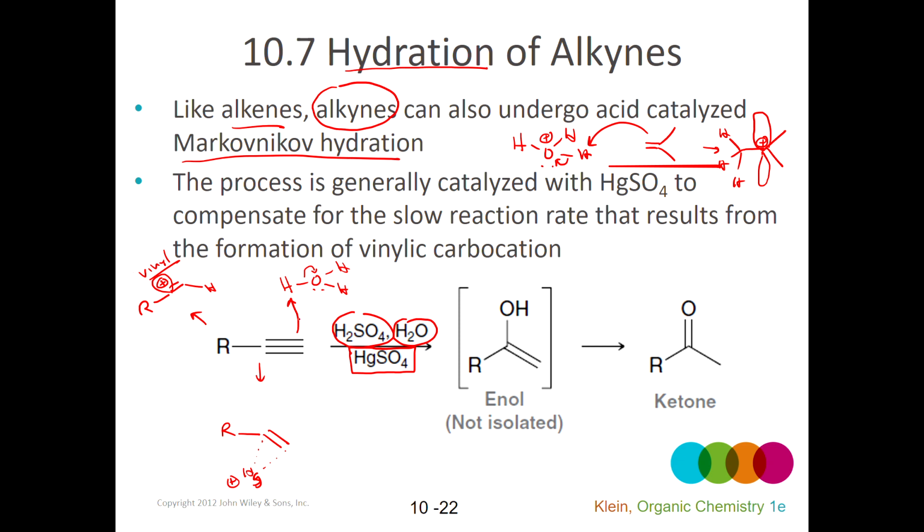So when the pi bond picks up a proton from the acid, instead of forming a carbocation here, the mercury would first destabilize that, and it would only be a partial positive because the mercury would be coordinating there, sharing some electrons and taking on some of that positive charge.